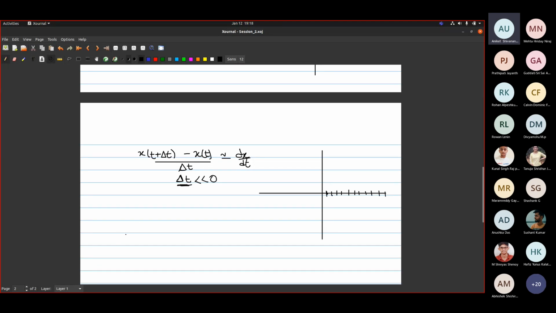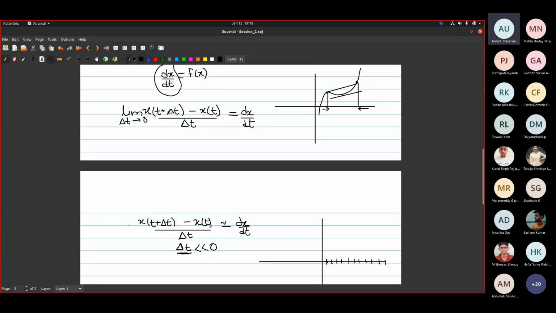I have a doubt. Can you explain the delta t is very much less than 0? If we talk about the derivative itself, the derivative is taken such that delta t tends to 0, that is, we are trying to bring these 2 points very close to each other.